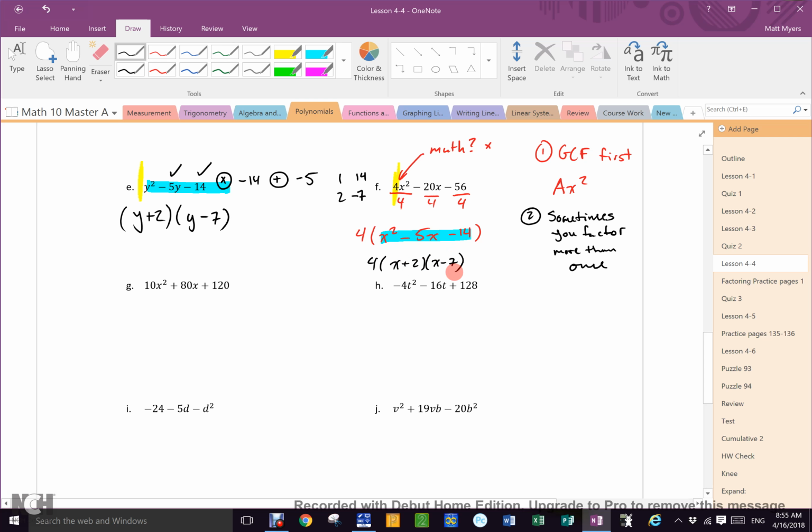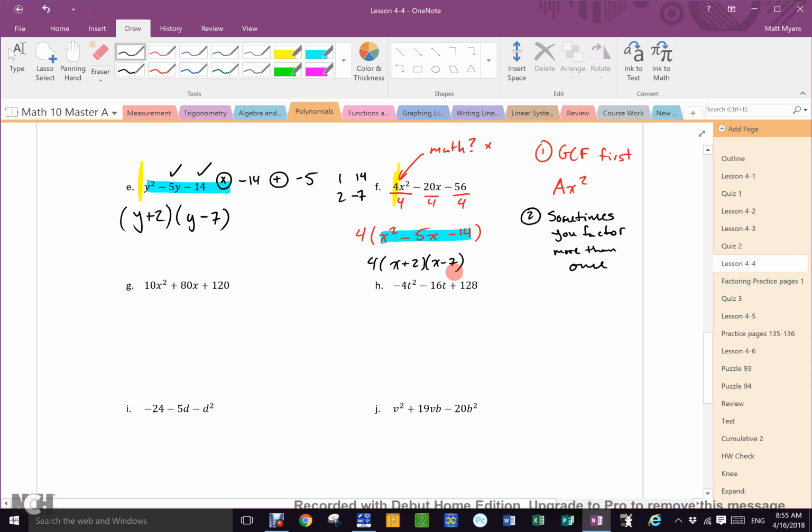Is it 1 and 12? Is it 2 and 6? Yep. 2 and 6. 2 plus 6 makes positive 8, so that's my pair, right? So it's 10, x plus 2, x plus 6. Everybody good?